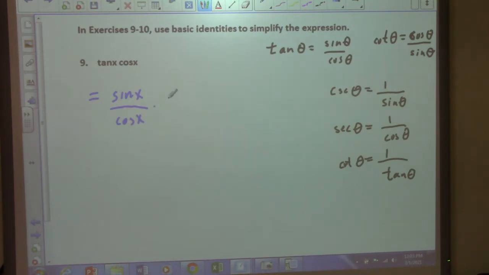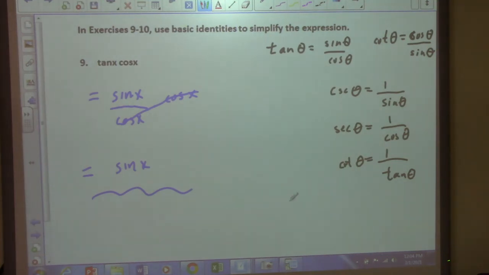Now we rewrite cosine x here, and how does this simplify? These will simplify here, and you're left with sine x as your answer. Then you can test using your calculator for equivalency to see if that's right.